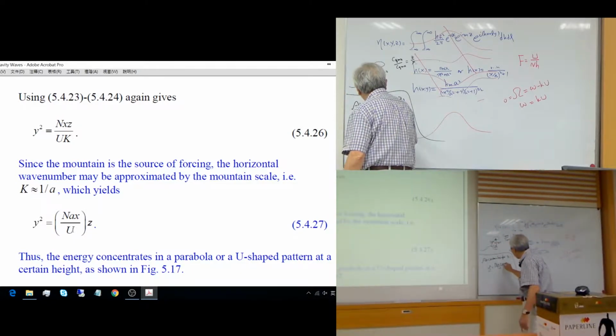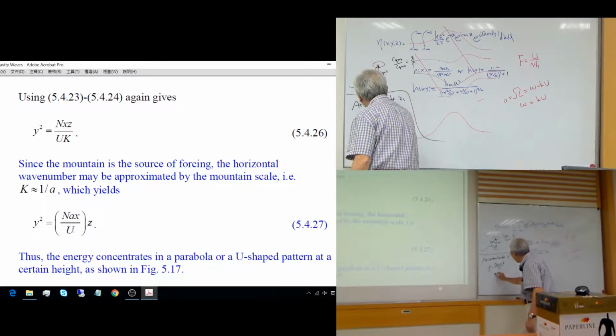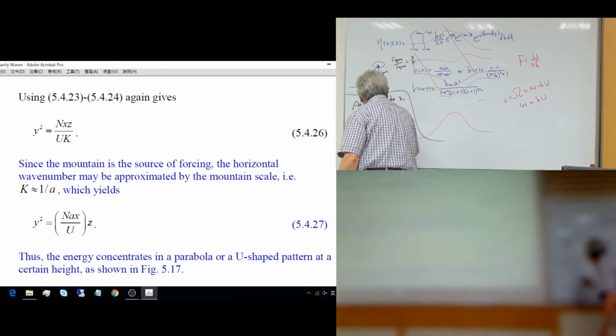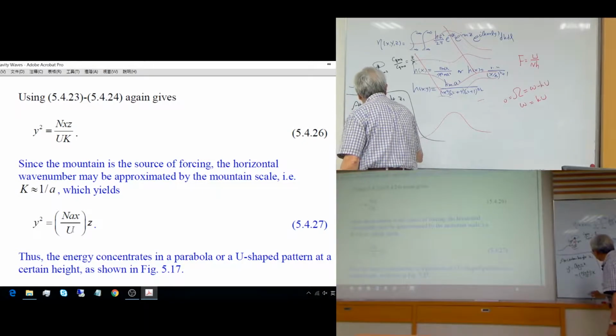So this will equal N A z1 divided by U times x.